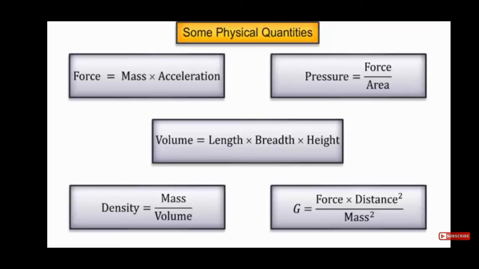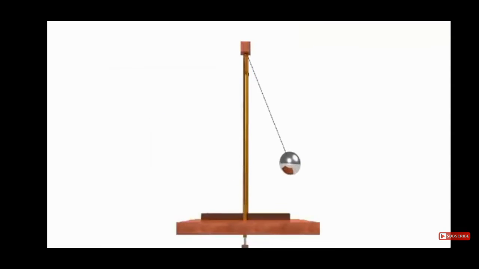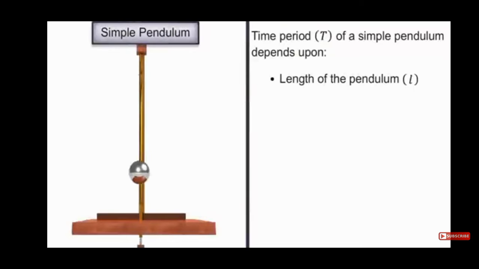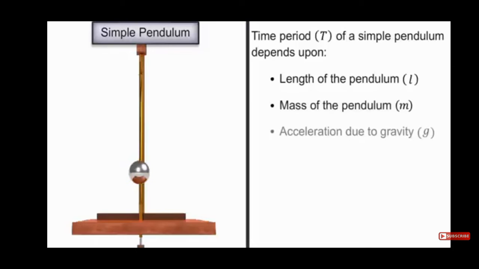For example, we can derive an expression for the time period of a simple pendulum. Assuming that its time period t depends on the length, mass of the pendulum, and the acceleration due to gravity at a given place. Let us take the constant of proportionality k as 2 pi.